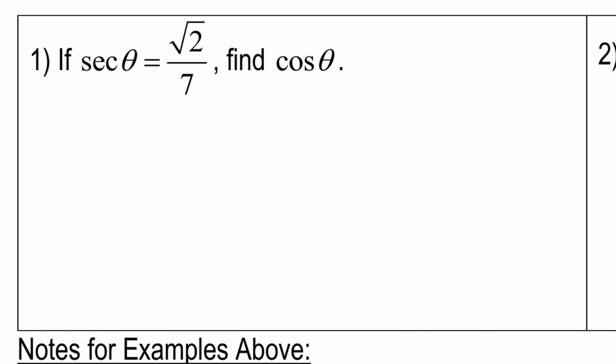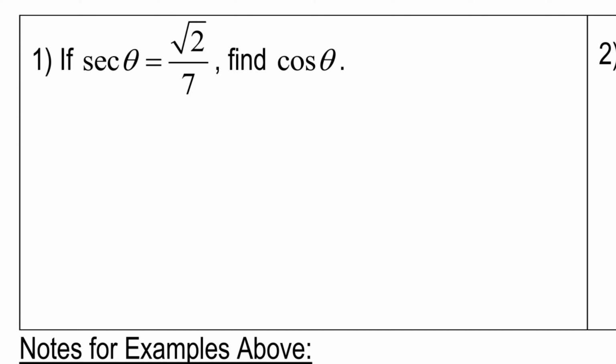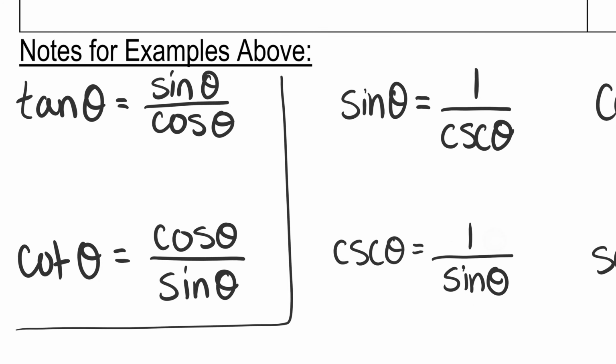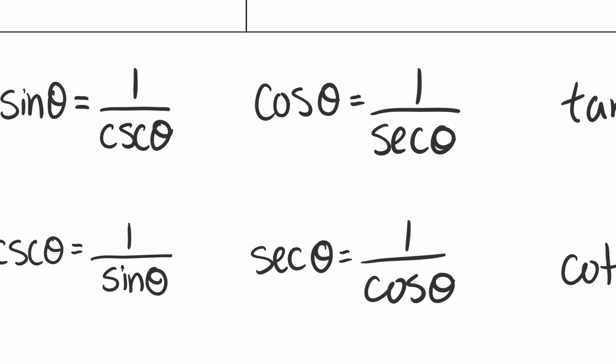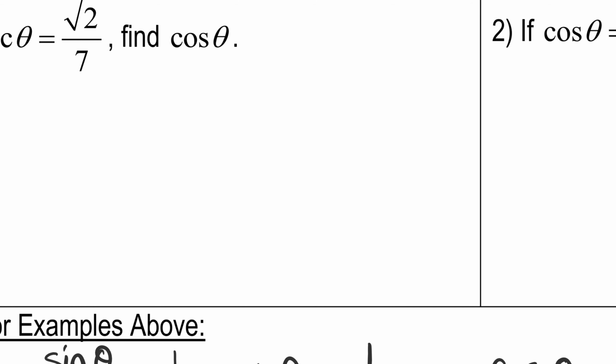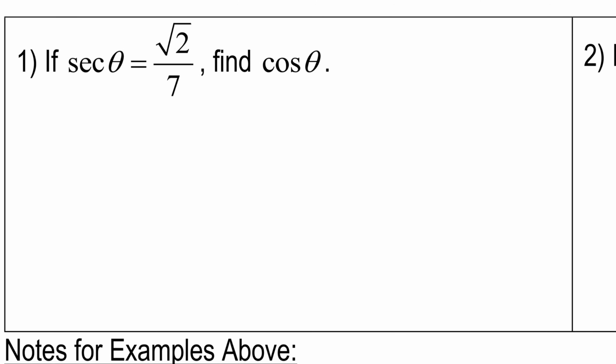Number 1, if secant theta equals square root of 2 over 7, find cosine. Well, we just wrote down here that secant theta is 1 over cosine. So it's the opposite, the inverse, the flipped version, whatever you want to call it. So to get cosine, I just flip secant and I'm good to go.